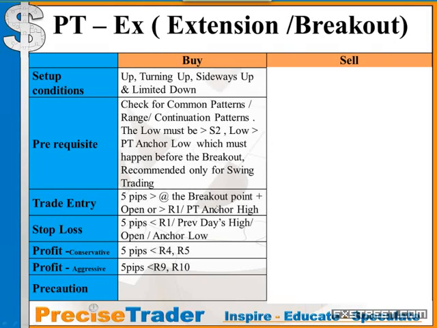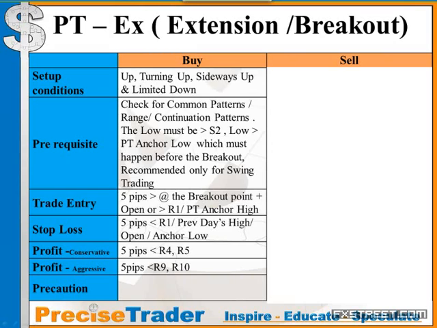But again, you have to ask yourself whether you want to go for that kind of risk, especially if you practice putting about 30 pips, 40 pips stop loss. Our trade entry is 5 pips greater than the breakout point.